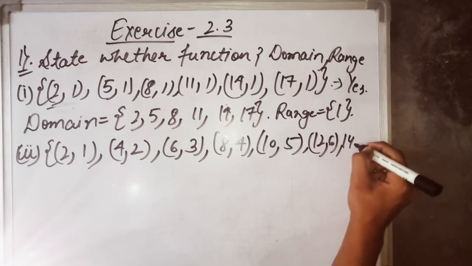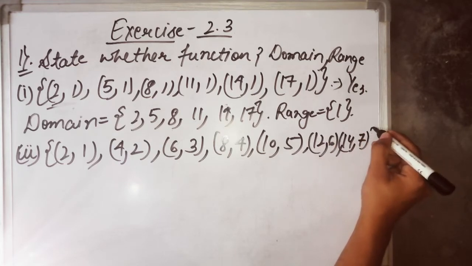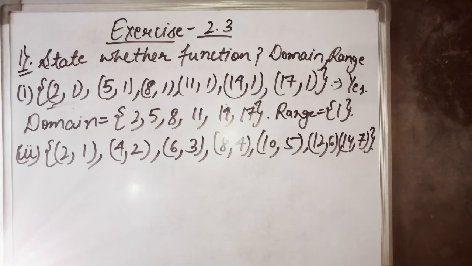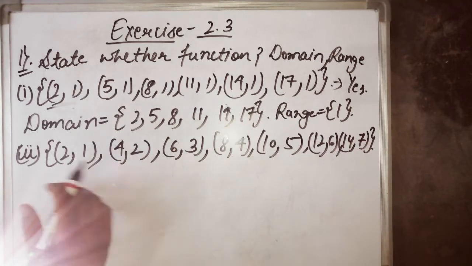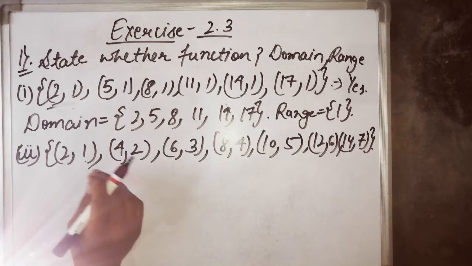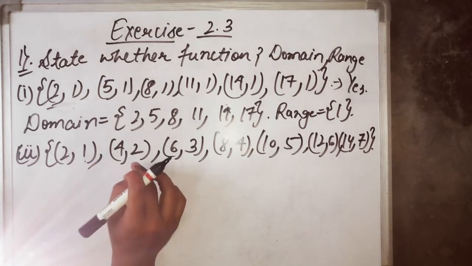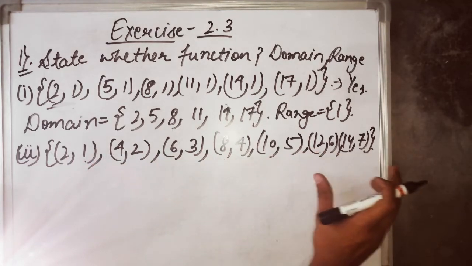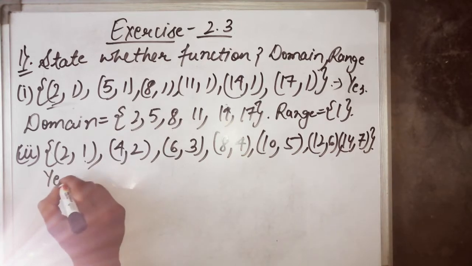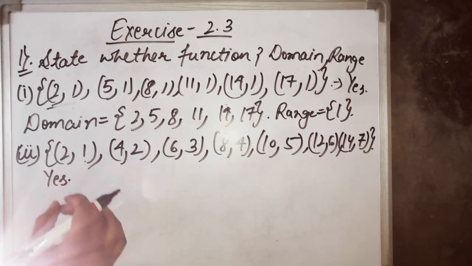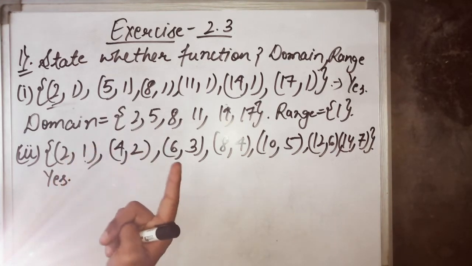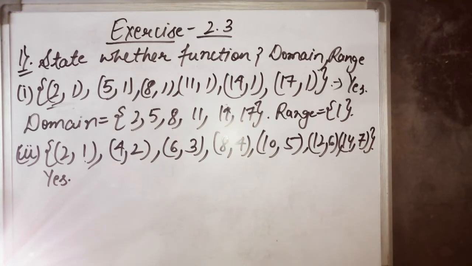Okay, let's see here, is this a function or not? 2 has image 1, 4 has image 2, 6 has 3, 8 has 4, 10 has 5. This relation is also a function because each element has only one image. There is no element which has two images.